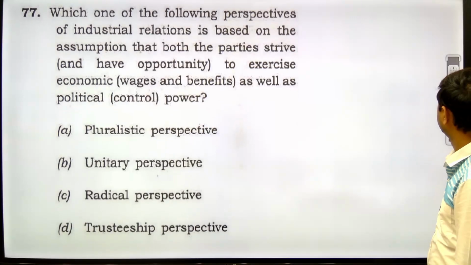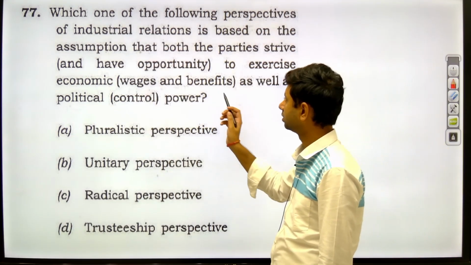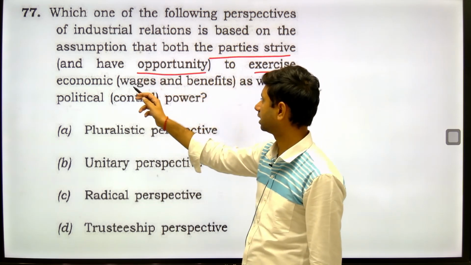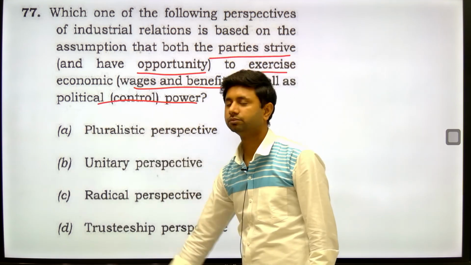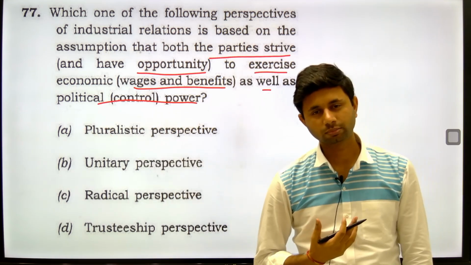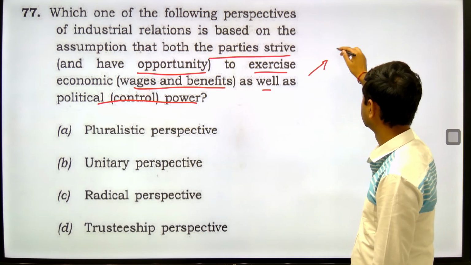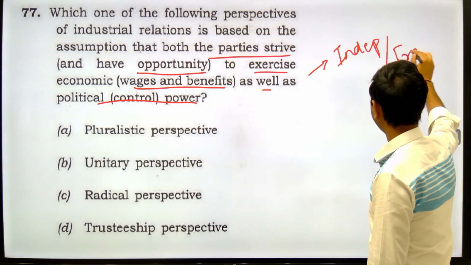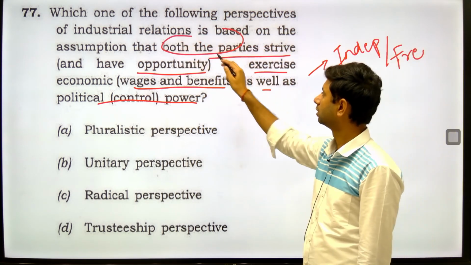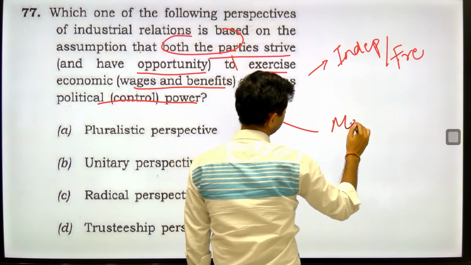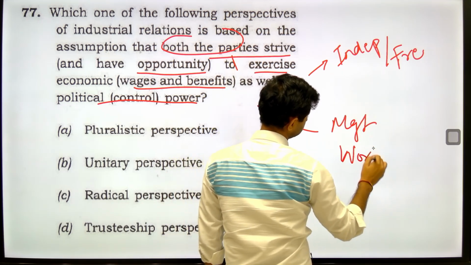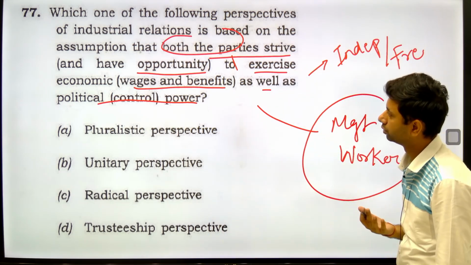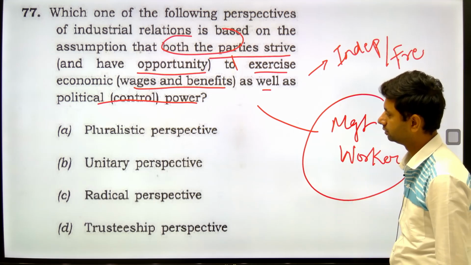Next is, which of the following perspectives of industrial relations is based on the assumption that both the parties strive and have opportunity to exercise economic wages as well as political power. So this perspective talks about an independence or freedom that both parties, management as well as workers, have to pursue economic as well as political power.